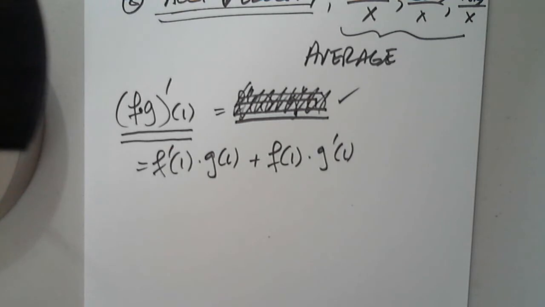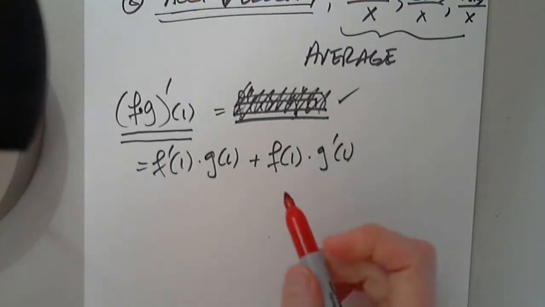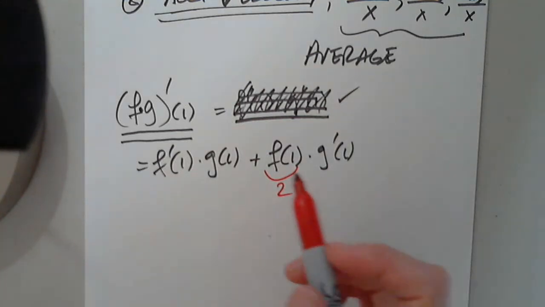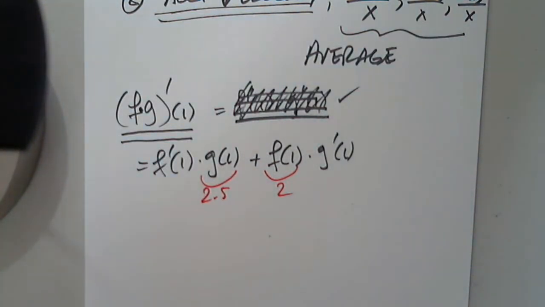Got it. So now let's say I want that product, so it's at 1. At 1, f of 1 is 2, so I will replace f of 1 by 2. At 1, g is, I'm going to consider 2.5. But now let's talk about the rate of change.